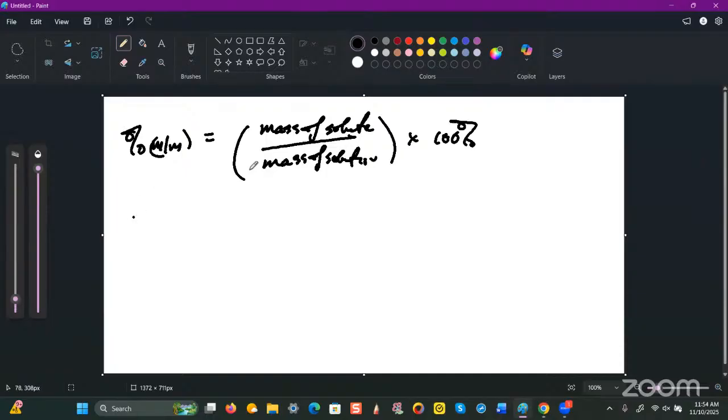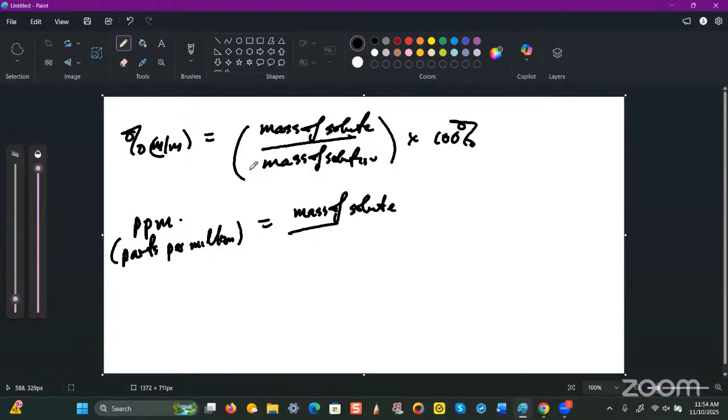There's another way of expressing the concentration, and that is parts per million. That is equal to the mass of solute divided by the mass of solution times a million, which is 10 to the 6.